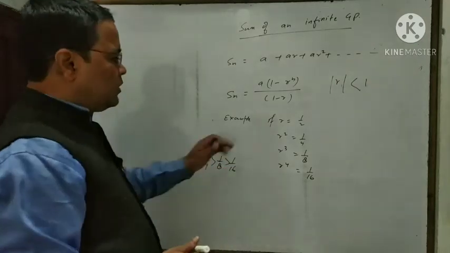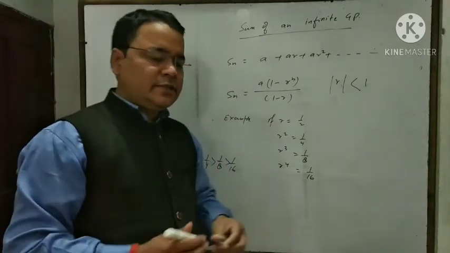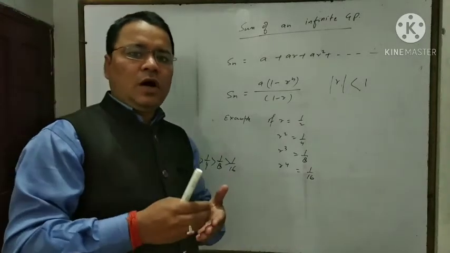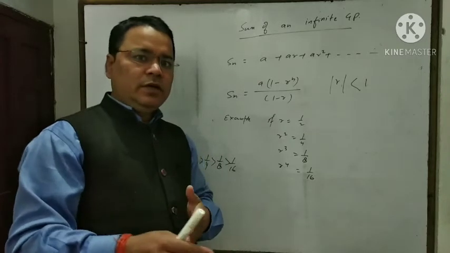It means when the value of n increases, the value of r to the power 1, r to the power 2, r to the power 3 gradually decreases.